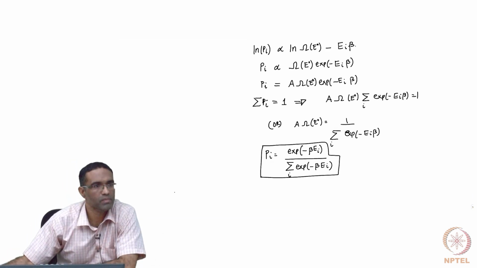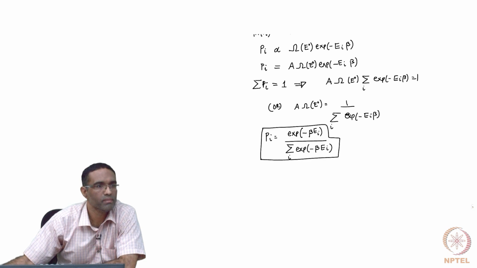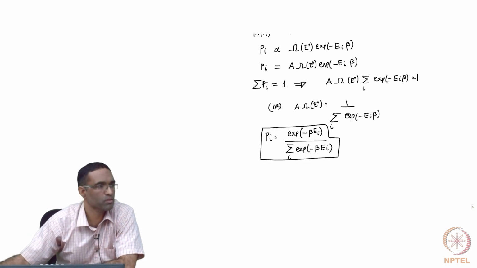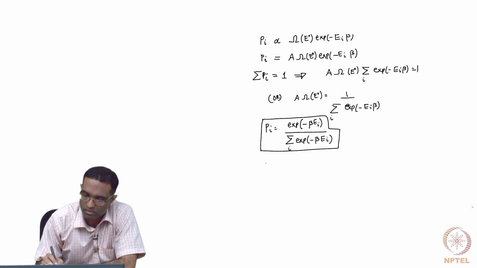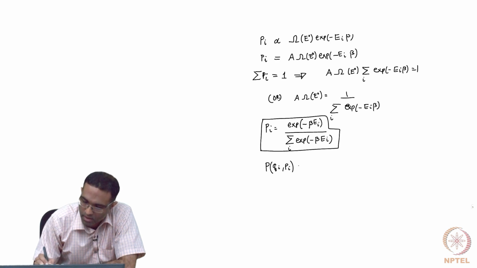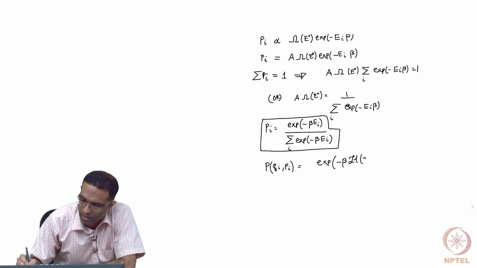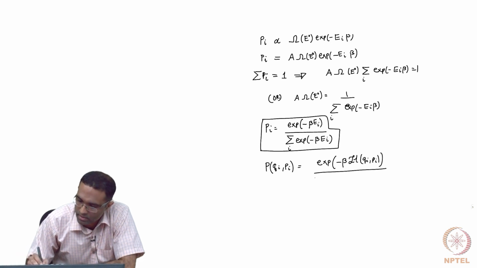Is this okay? We will do this in a slightly different way also. This can also be written as the probability that I find a certain Q and P is equal to exp minus beta, the Hamiltonian at Pi Qi, divided by the summation of exp minus beta.